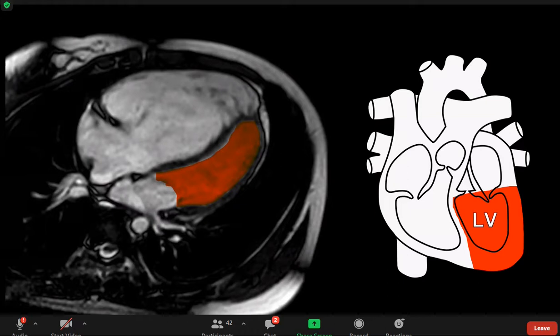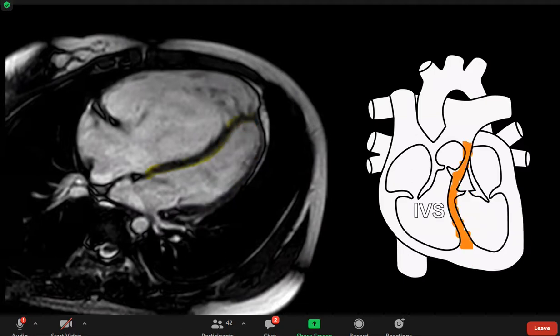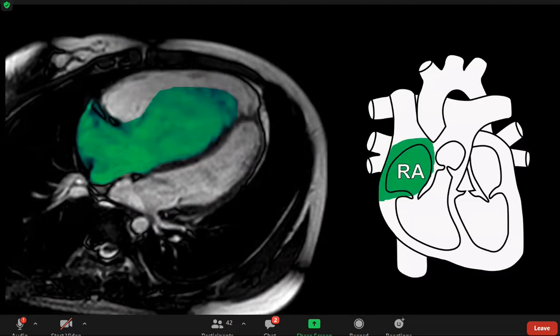The aorta arises from it and is left-sided. If we note here, the intraventricular septum, there's bowing towards the left, which is suggestive of a pressure overload in the right side of the heart. Immediately, we notice that the right atrium is enlarged in this patient.